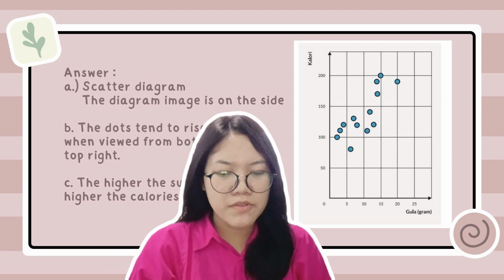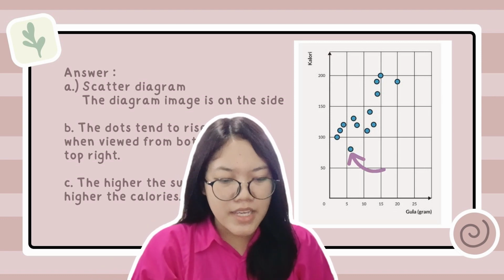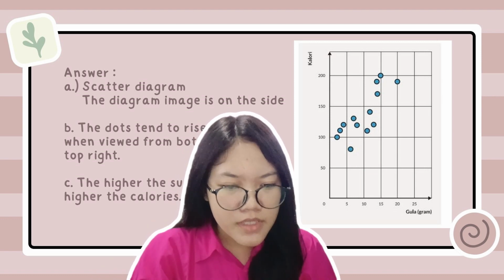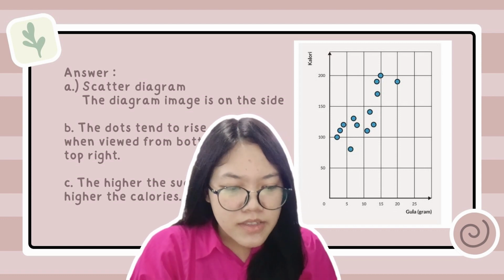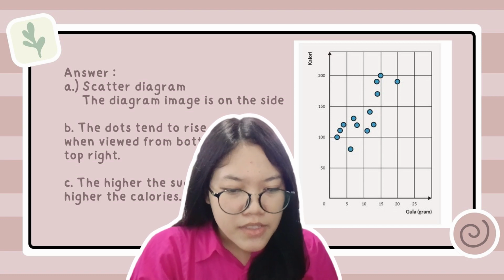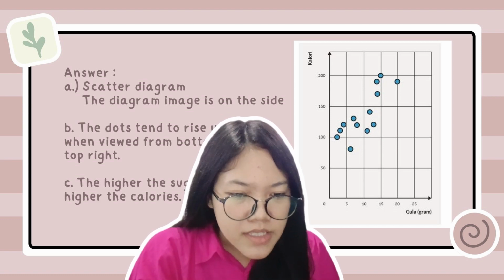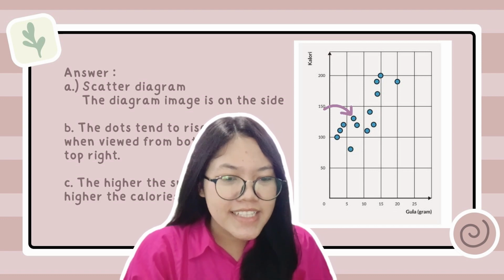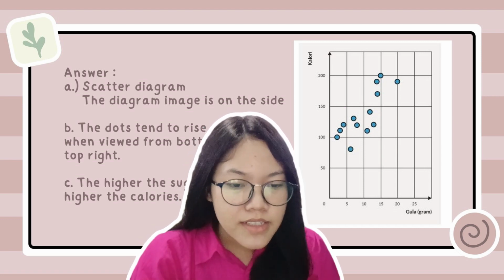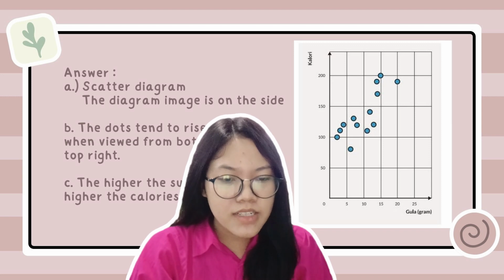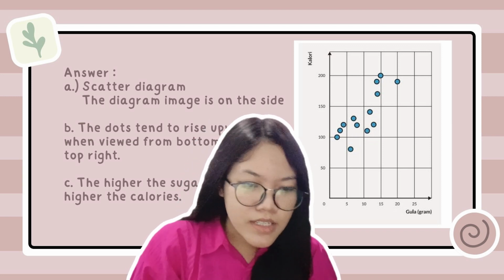For 6 grams of sugar, the calories are 80. For 7 grams of sugar, the calories are 130. For 8 grams of sugar, the calories are 120.